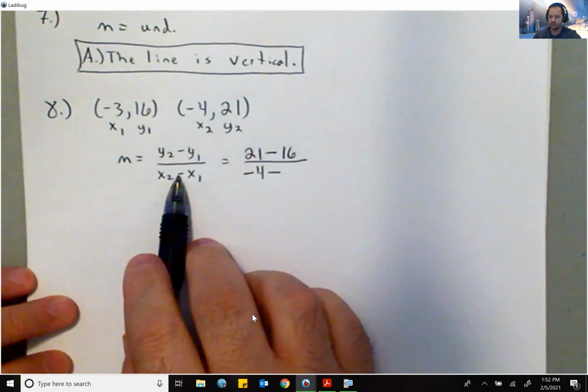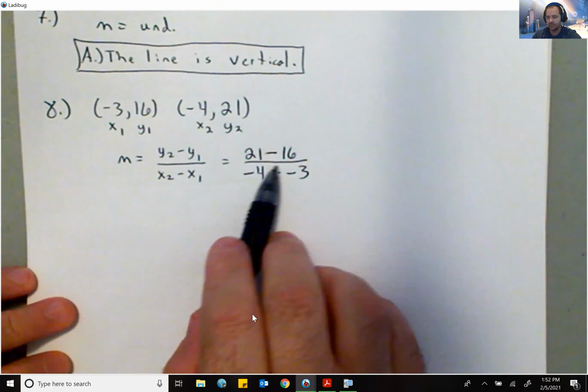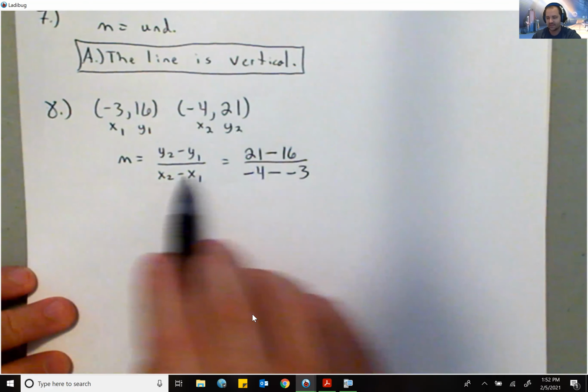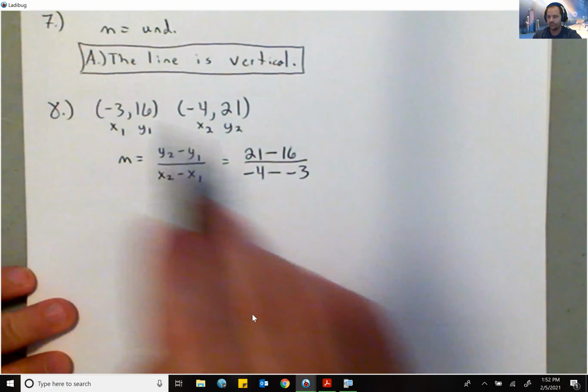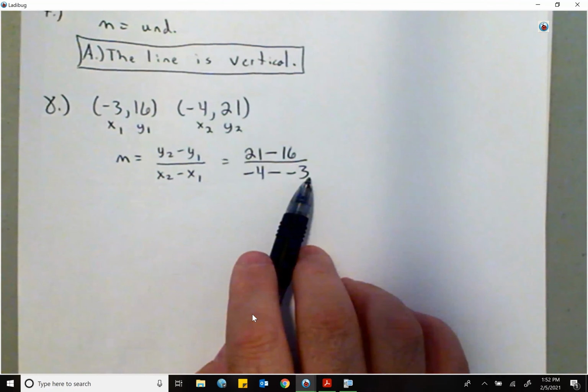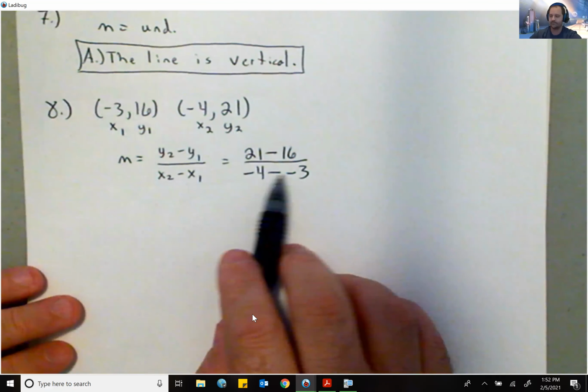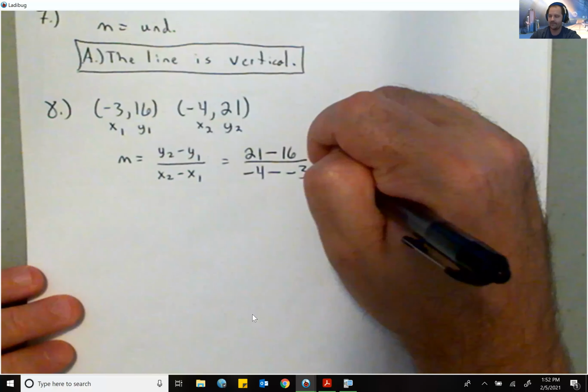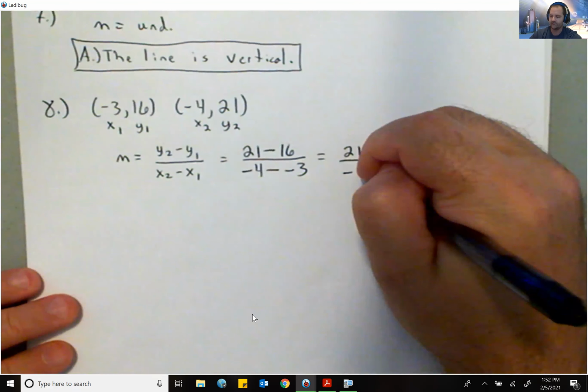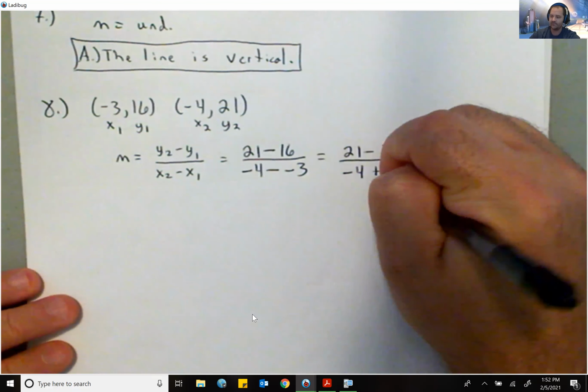This one is because of the formula, and this one is because the number is negative. Like what you were saying, Nick, what happens with two negatives next to each other? You have to add them, right? So this really looks like 21 minus 16 all over -4 plus 3.